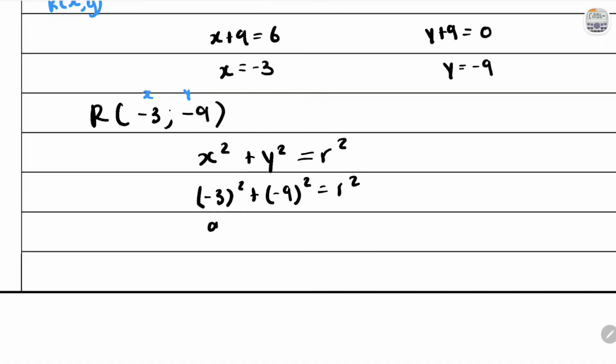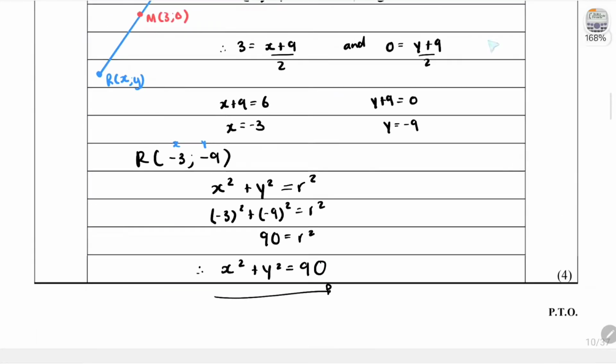So 3 squared is 9, plus 9 squared, which is 81, gives us 90. So 90 equals r squared. Therefore, the equation of this circle is simply x squared plus y squared equals 90, and that is our answer.